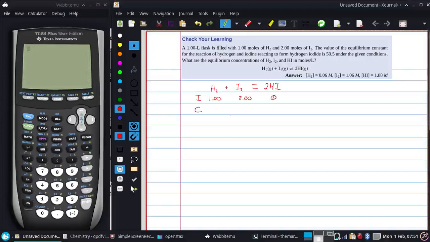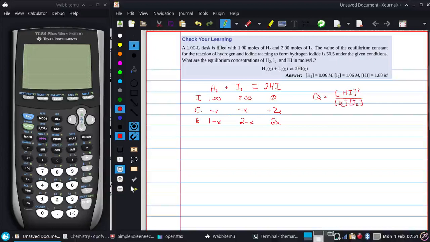So our change must be going forward. So at equilibrium we'd have 1 minus x and 2 minus x, and this is just going to be 2x. And our equilibrium equation is the HI squared over H2 and I2.